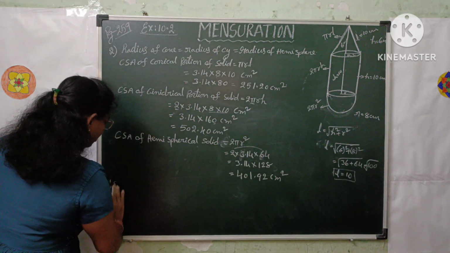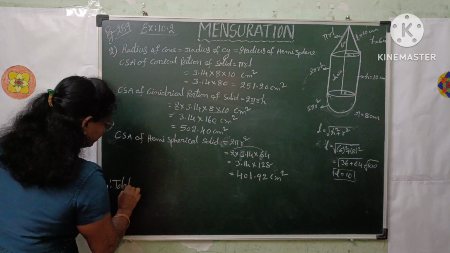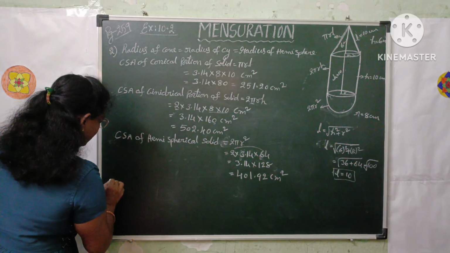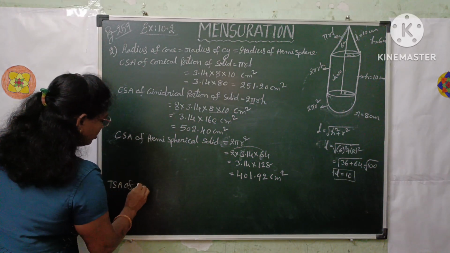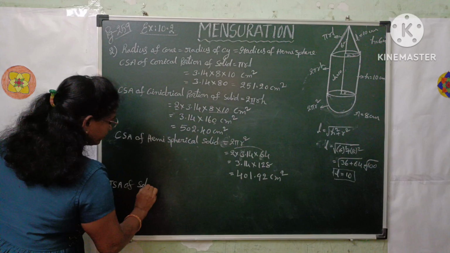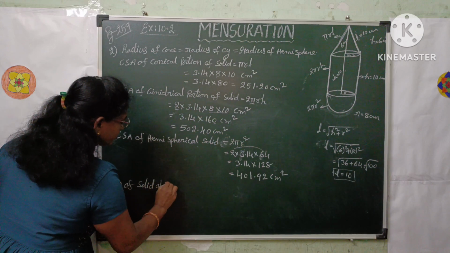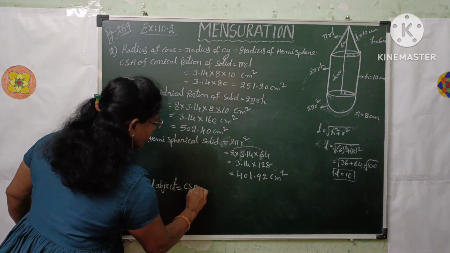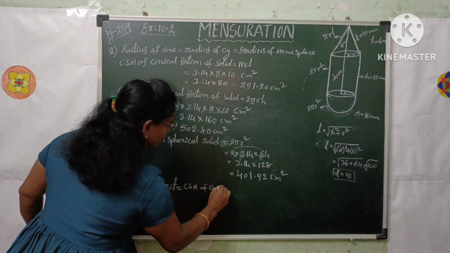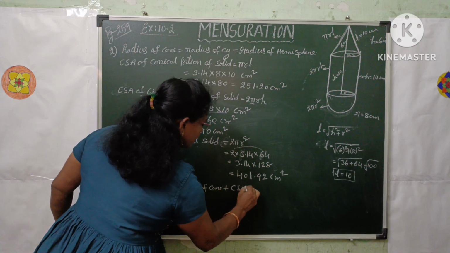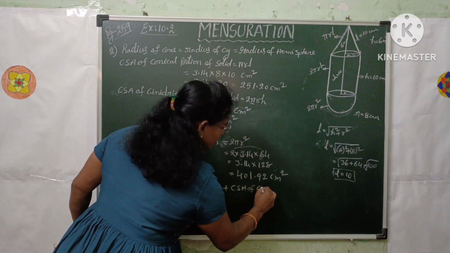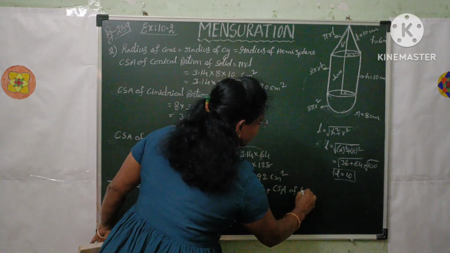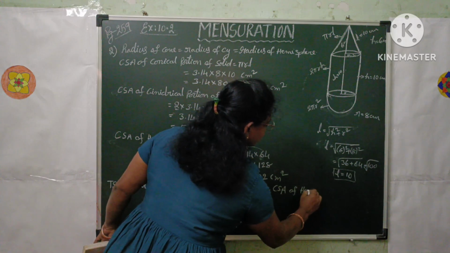Therefore, TSA of the solid object is equal to CSA of the cone plus CSA of the cylindrical portion plus CSA of the hemispherical portion.